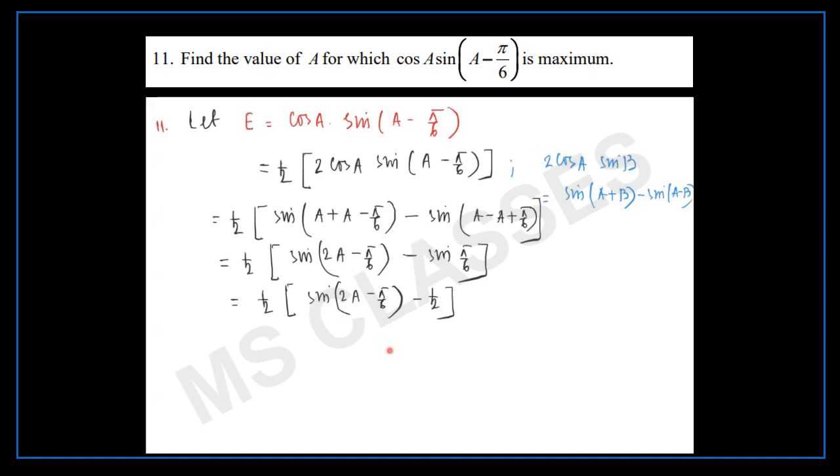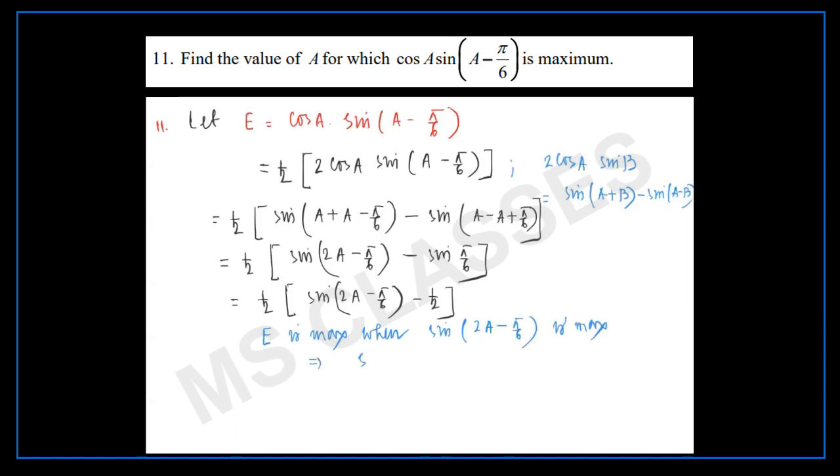Now what they told is that the expression has to be maximized. When the expression is maximized, that means we have to make this one maximum. Write down: E is maximum when sin(2A - pi/6) is maximum.